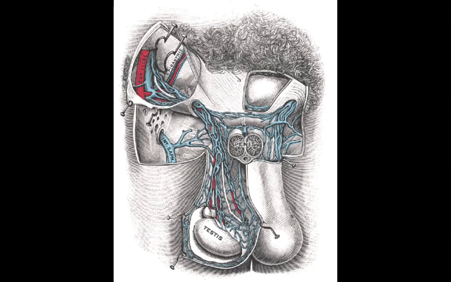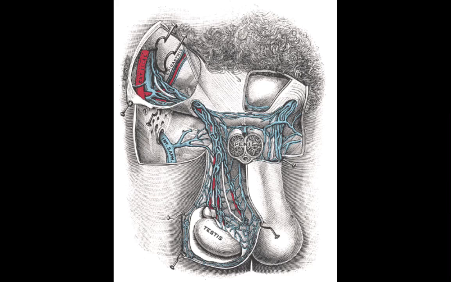Yeah, coming to the venous drainage. Now, about 15 to 20 veins appear from the posterior border of testis and epididymis, and these unite to form the pampiniform plexus, which produces the bulk of the spermatic cord. As you all know, one of the contents of the spermatic cord is the pampiniform plexus of veins. Now, this pampiniform plexus of veins at the superficial inguinal ring unites to form 4 veins.